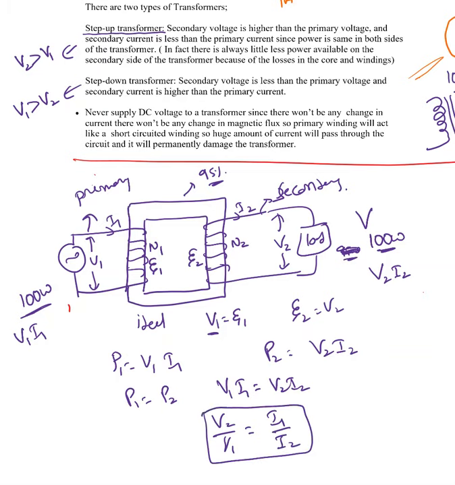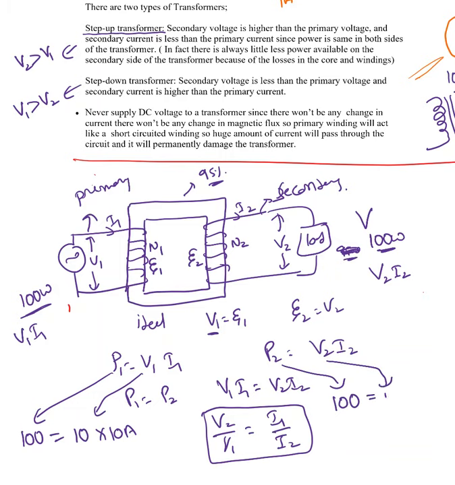So this indicates that whenever I step up, so here I'm giving 10 volts, 100 watts P1. Okay, now what is the current? Current must be 10 ampere. Now P2, same power, 100 watts.